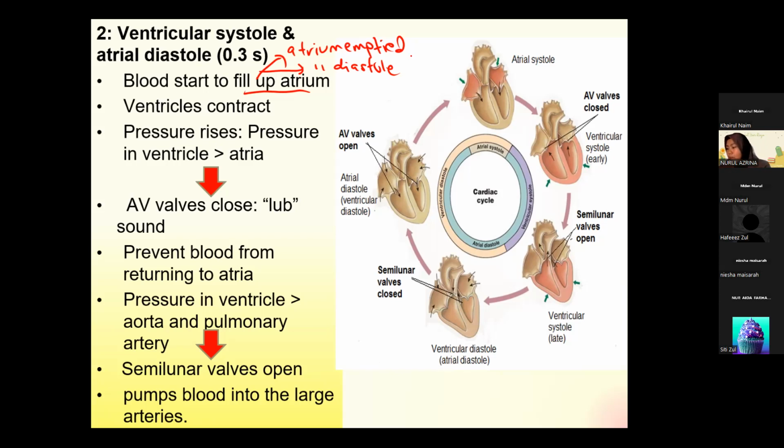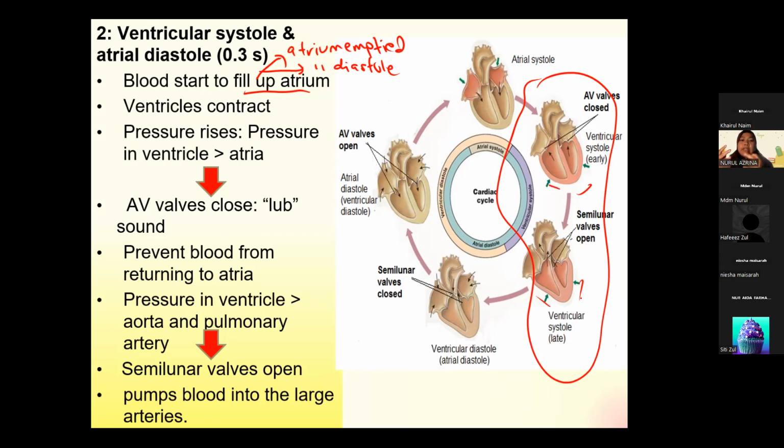Okay, we are here at this stage. So what happened? The ventricle will contract. You can see the ventricle start to contract as it is full with blood. Why does it start to contract?